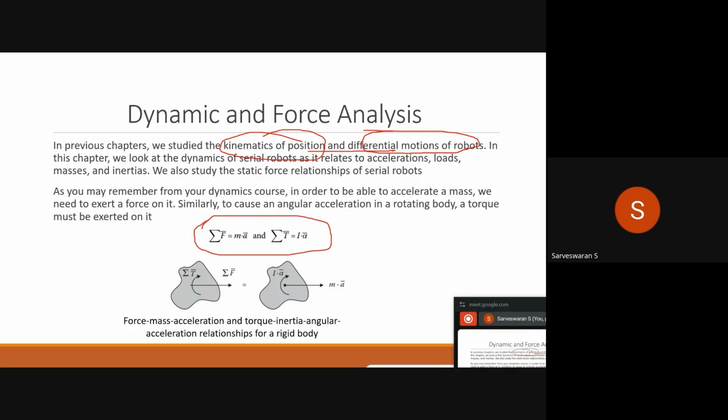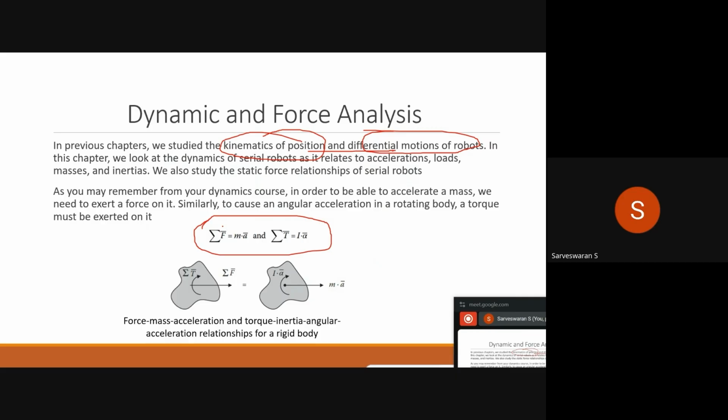This is mainly based on Newton's formula. Everyone is aware that force is equal to mass into acceleration. That is the base formula, which we will apply to multi-body components like a robotic arm, where many links are connected.